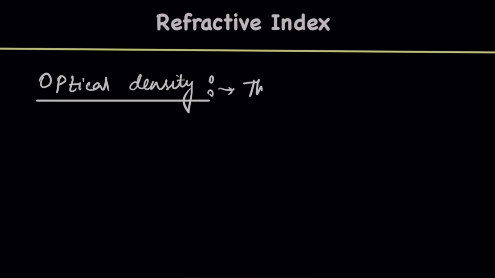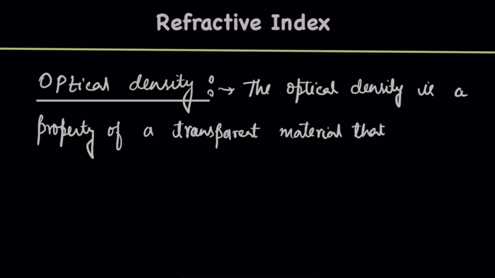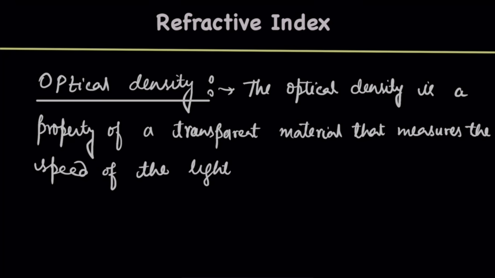Optical density is a property of a transparent material that measures the speed of light throughout the material.